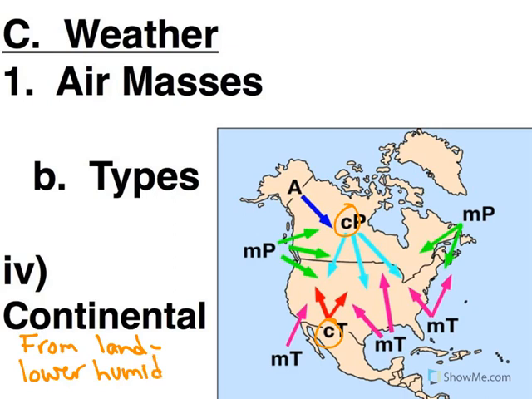So you can see from the graph that we have all these different combinations. Maritime plus polar, that's going to be cold and humid. Maritime plus tropical is going to be warm and humid.